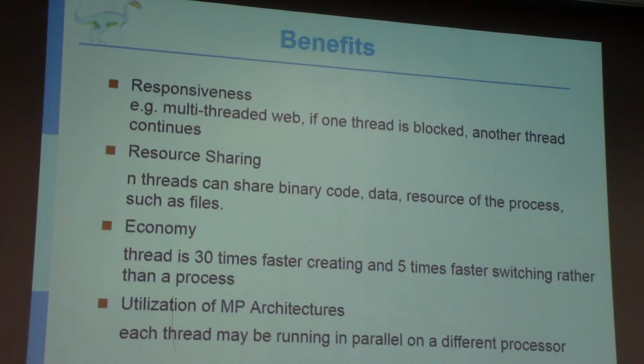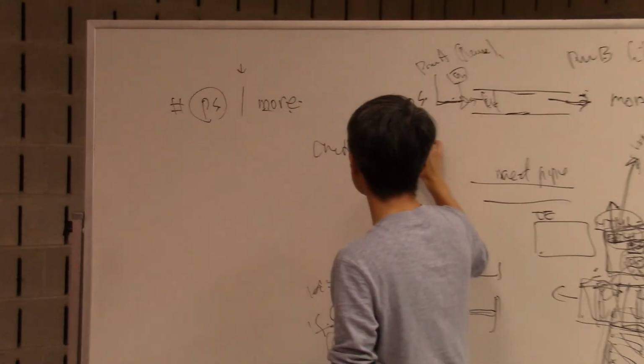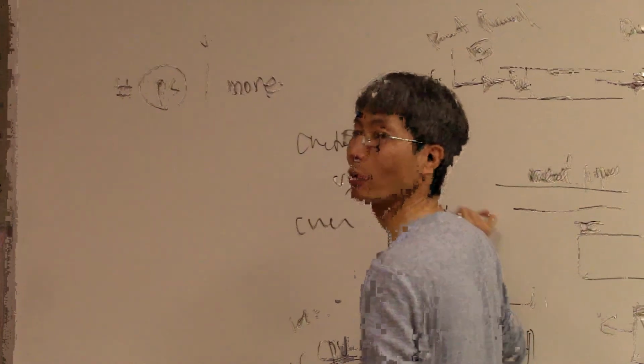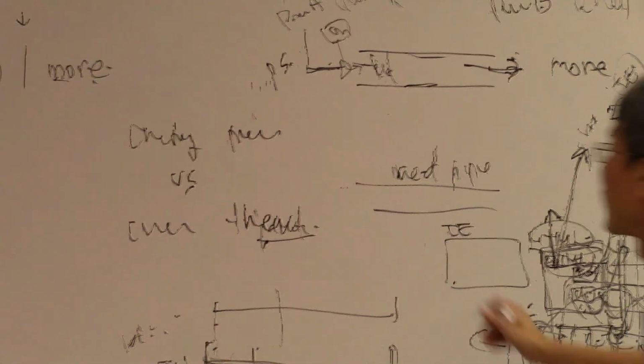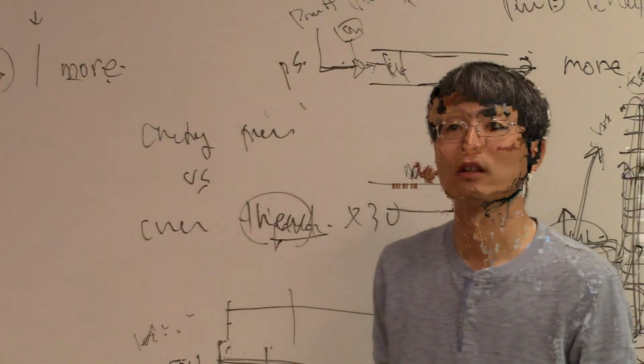Which one is best, creating a process versus creating a thread? They measured that creating a thread is 30 times faster than creating a process.